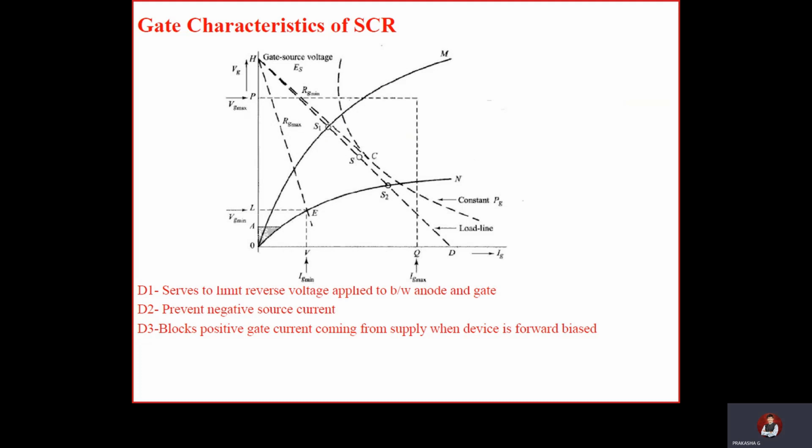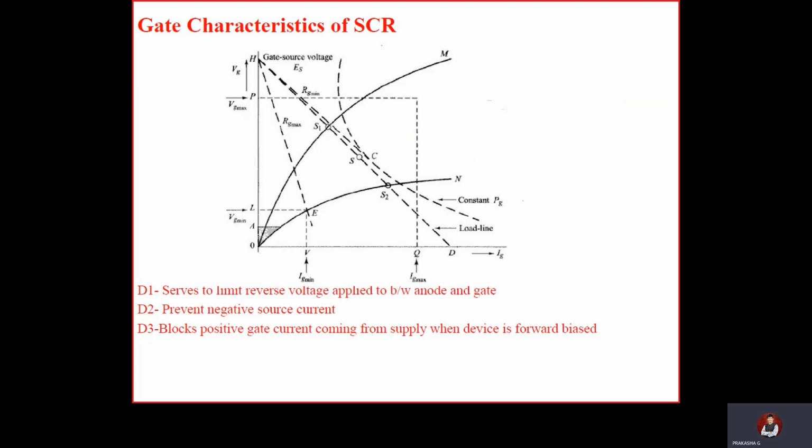Similarly, as I kept increasing, somebody told me, sir, the current keeps increasing exponentially, and at some level it does not drop down or saturate. So you have to check Ig minimum and Ig maximum. Ig minimum is here, and at this level voltage is also increasing.